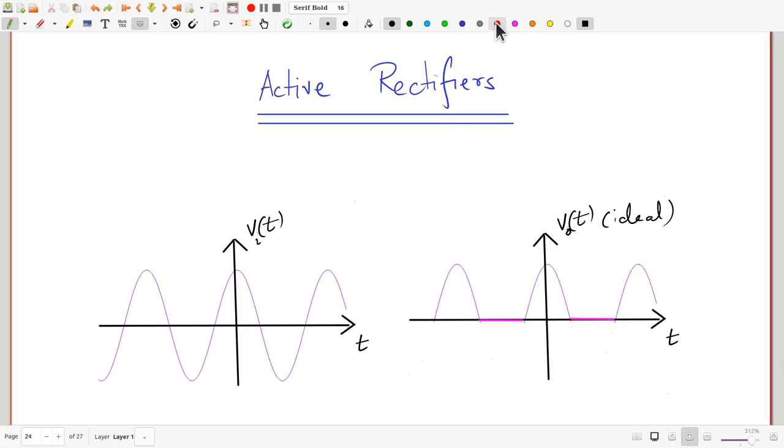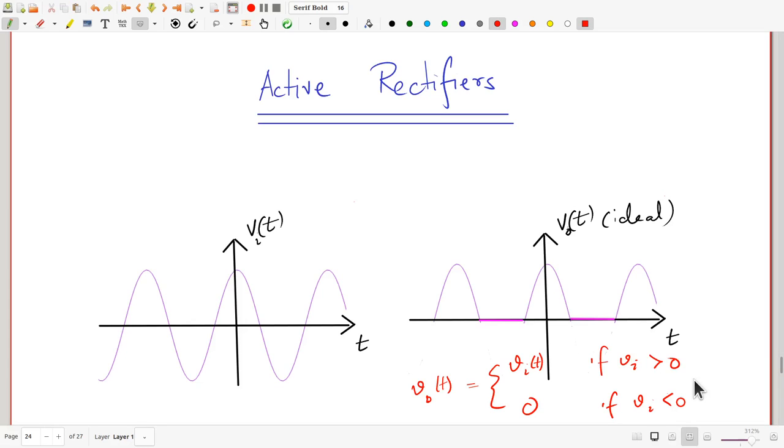So what you really are aiming at is a behavior which goes like this. VO of time is equal to VI as a function of time if VI is greater than 0, but is 0 if VI is less than 0. This, of course, is the half-wave ideal rectifier behavior.